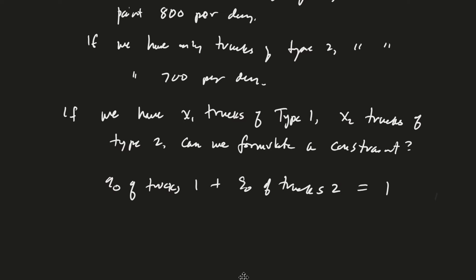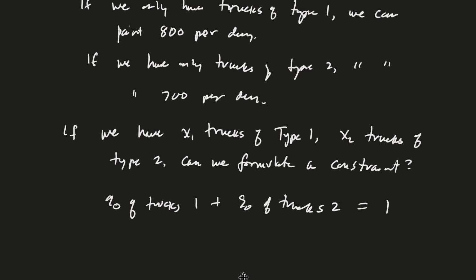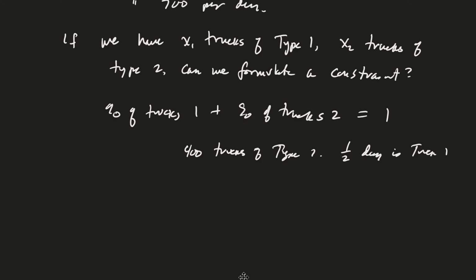So for example, we could try one. Suppose I've got 400 trucks of type 1. That means that I've got half the day for truck 1, right? In other words, 400 over 800. So the percentage for trucks of type 1 is going to be X1 divided by 800.